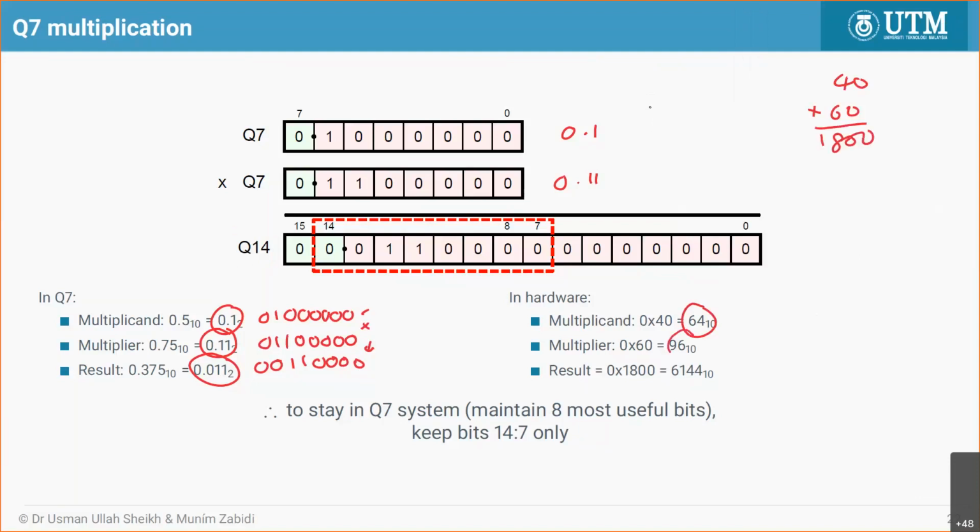So 64 times 96, I will get 6144. So if you take this whole 16-bit number, 1800 hexadecimal, just to check, I will multiply this column by 1, this column by 16, this column by 256, and this column by 4096. Is it 4096?